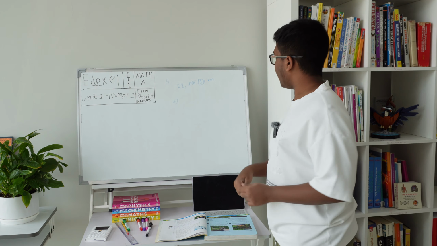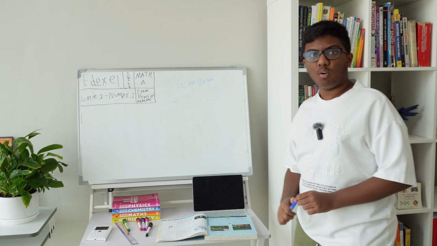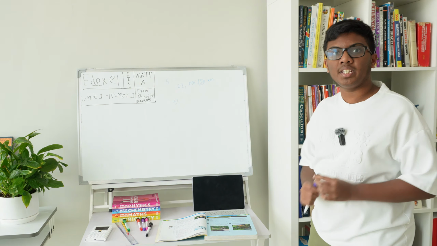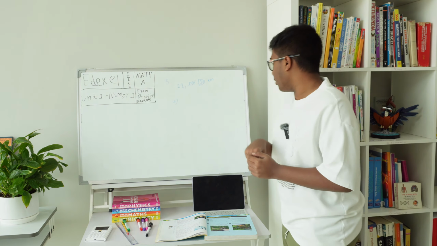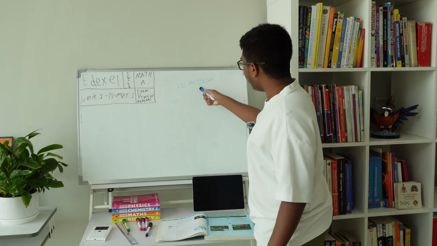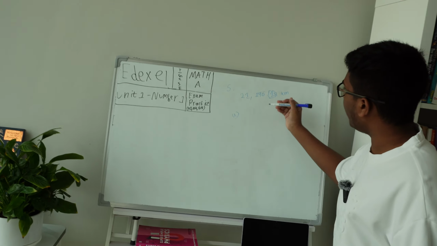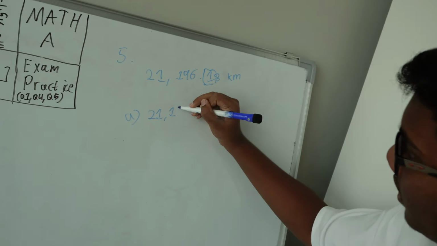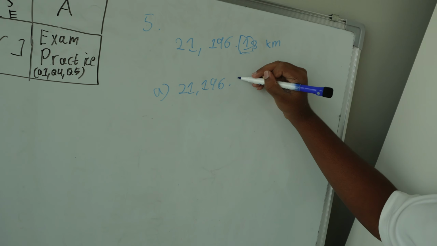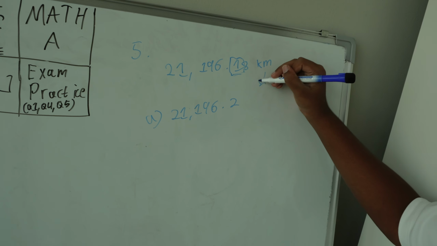Because here's the thing, you may have learned about rounding in grade 3 or some lower year, and you've already gotten pretty good at it, I assume. So in this case, we still have to round. 8 is larger than 5, so we round the 1 up. So in this case, it would be 21,196.2.